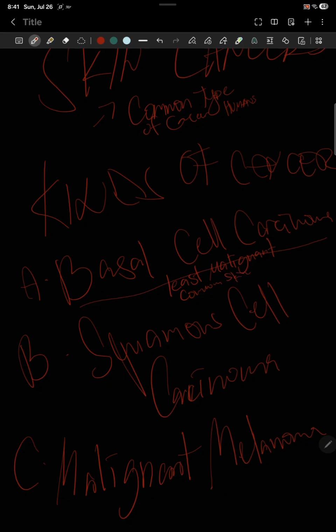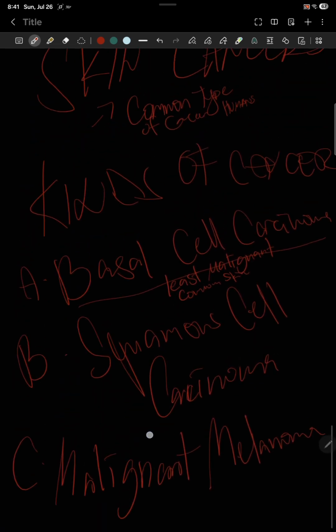It is called basal cell carcinoma because its cells are in the stratum basale, which cannot form keratin. The cells of the stratum basale are altered so that they cannot form keratin.